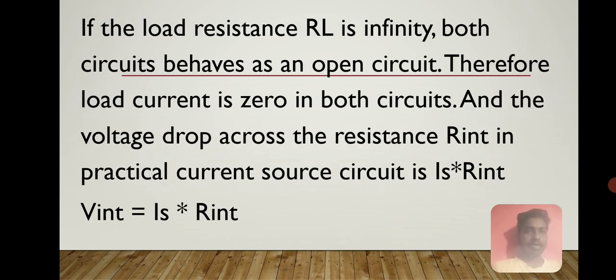And here, if the load resistance RL is infinity, both circuits behave as an open circuit. Therefore the load current is 0 in both circuits, and the voltage drop across the internal resistance R int in the practical current source circuit is Is into R int.